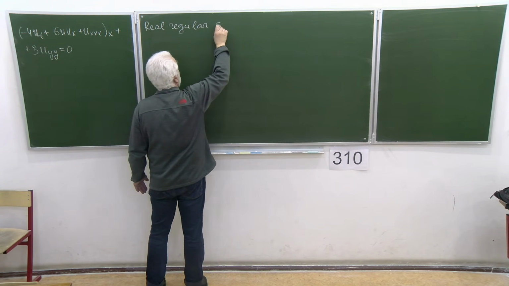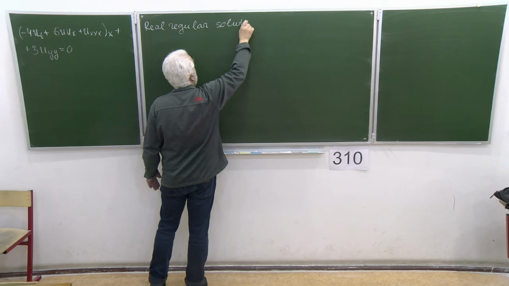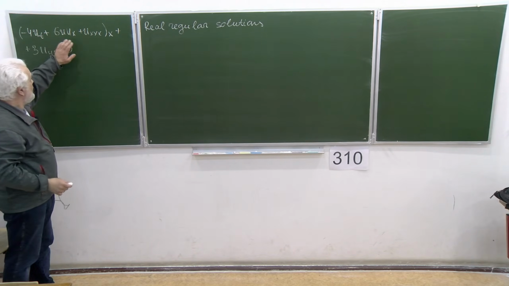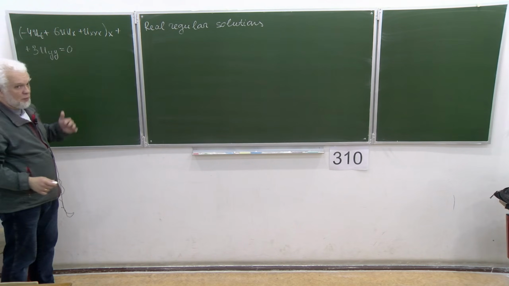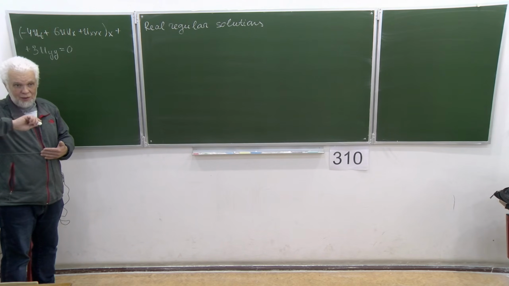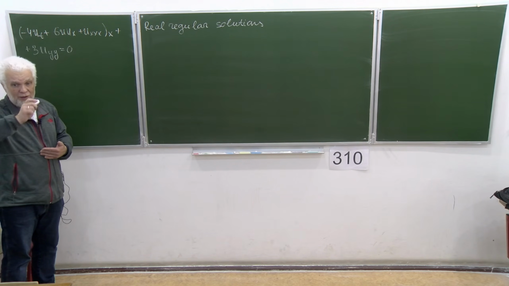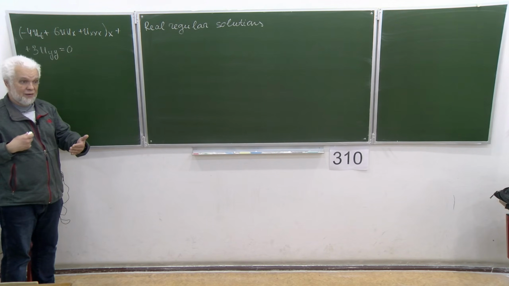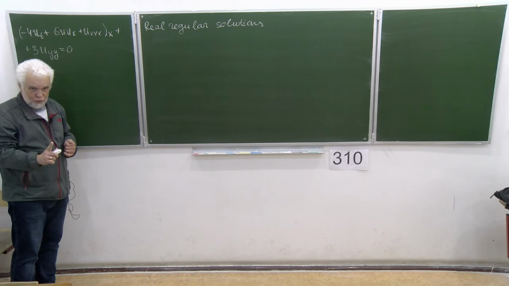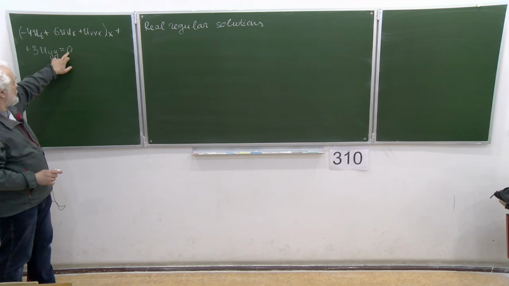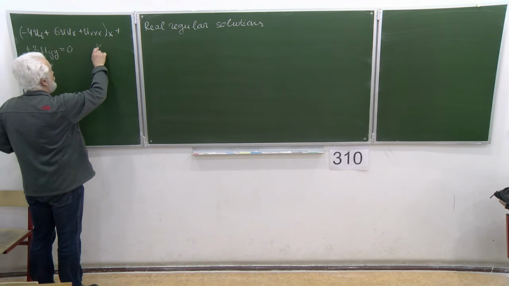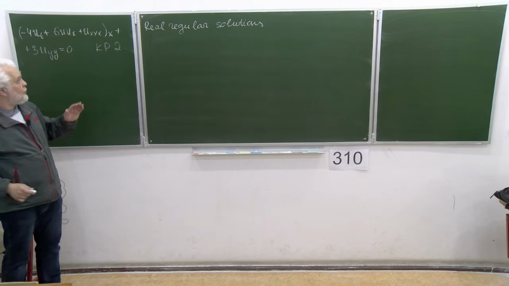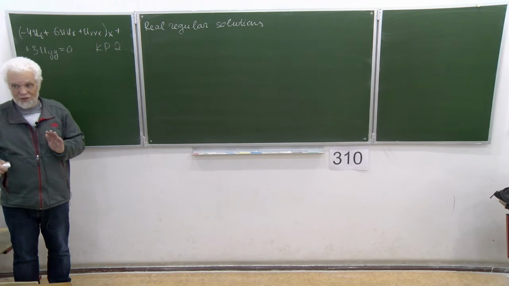If we work in the complex domain, it's not important which sign we have, plus or minus. We simply can replace x by i x. But if we discuss analytic theory, we would like to select a real regular solution. The sign is important. This equation is called KP2. If you have sign minus, it will be KP1.